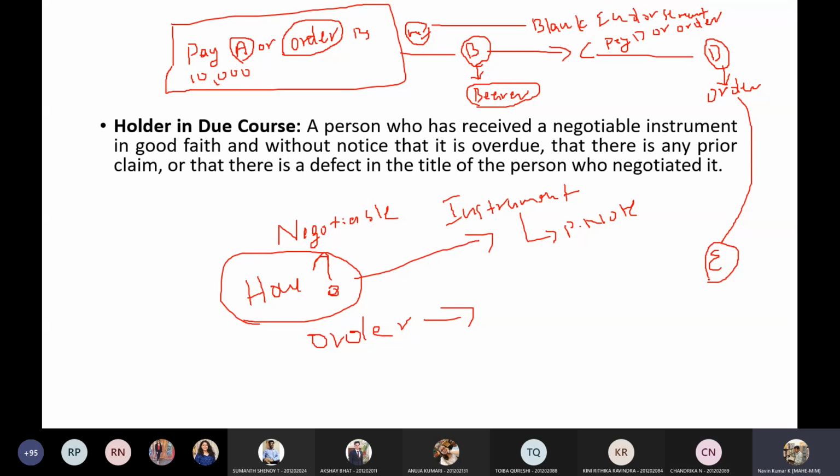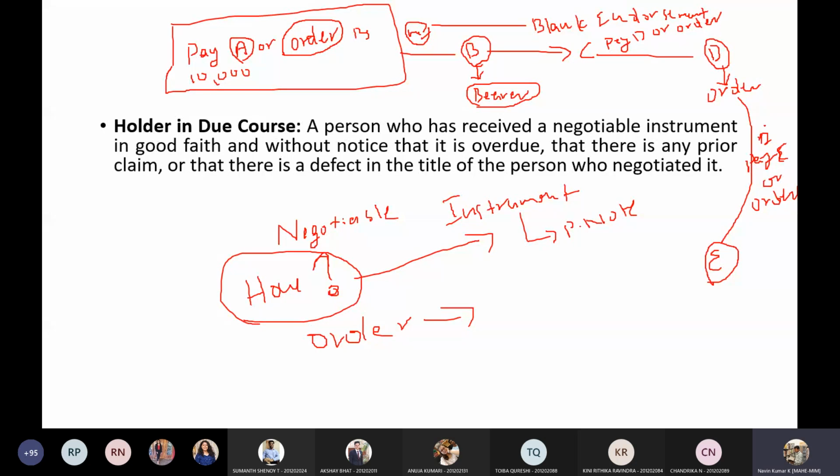Now, D wants to transfer the instrument to E. What does D do now? D puts his signature at the back side, and writes pay E or order.